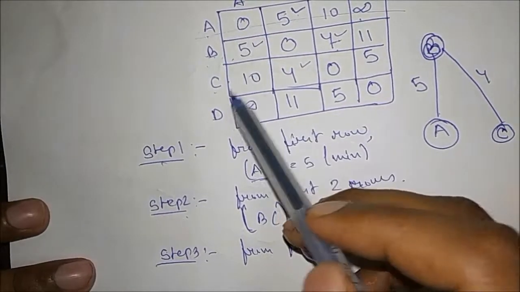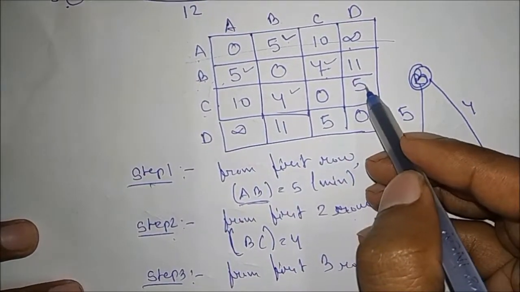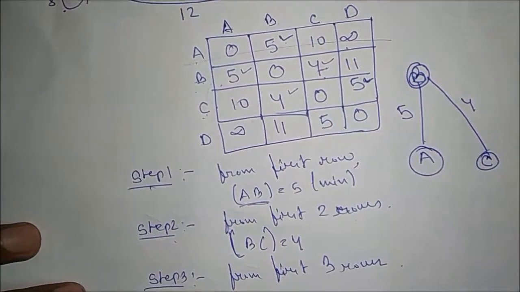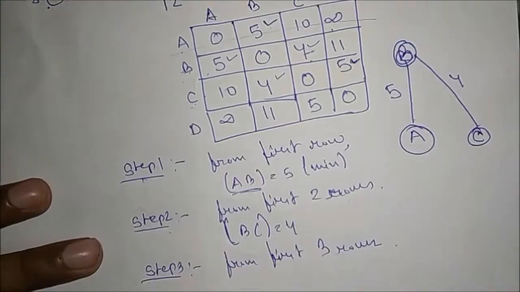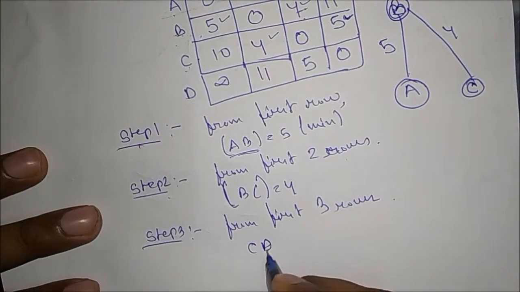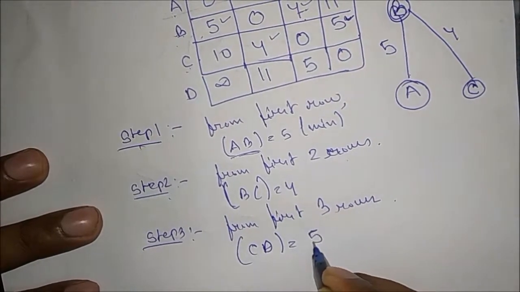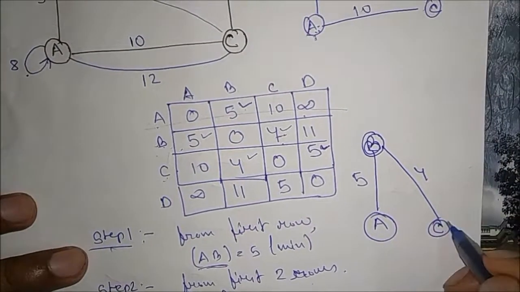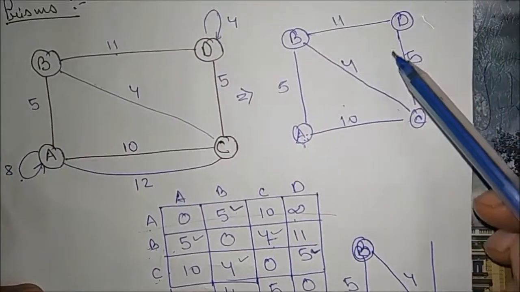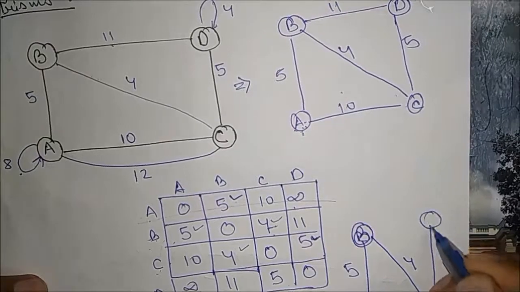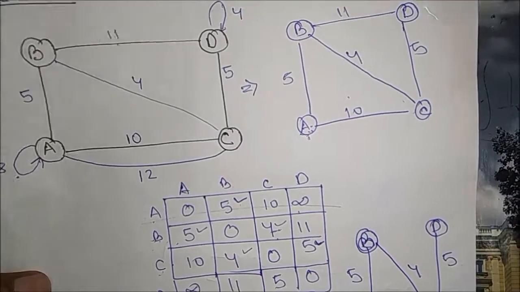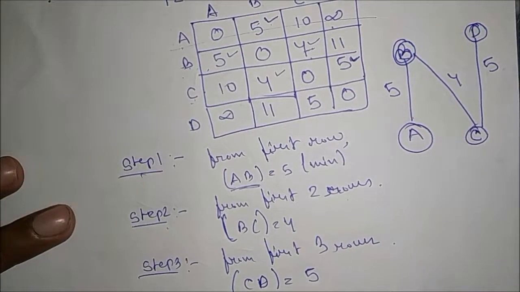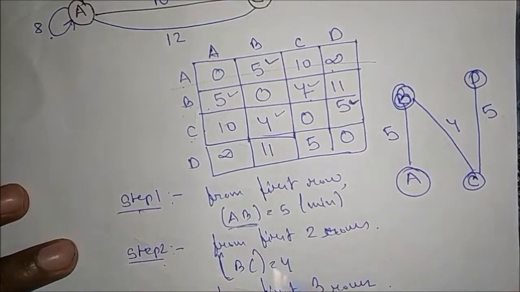Now from the first 3 rows, 10 and 5 are given, so the minimum cost is C to D, CD equal to 5. Now drawing the graph C and D, D 5. See, now it is over.